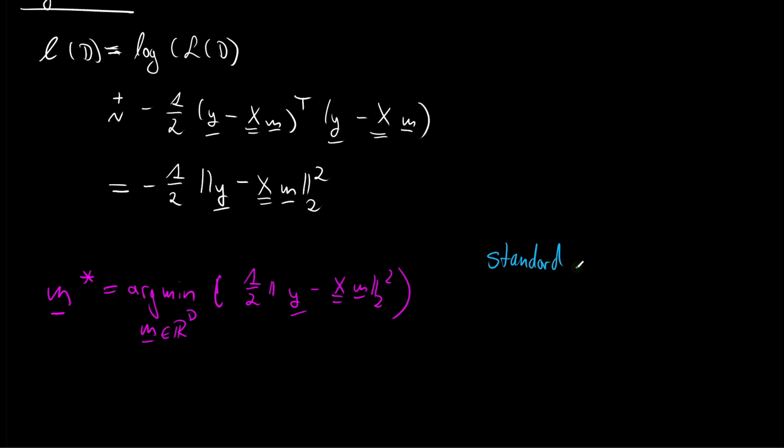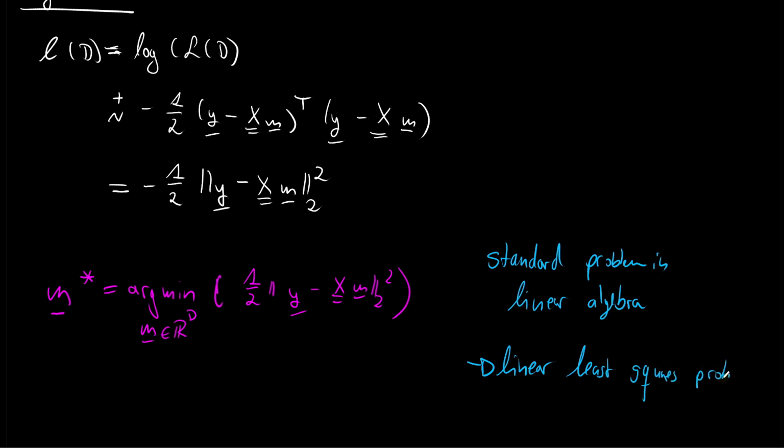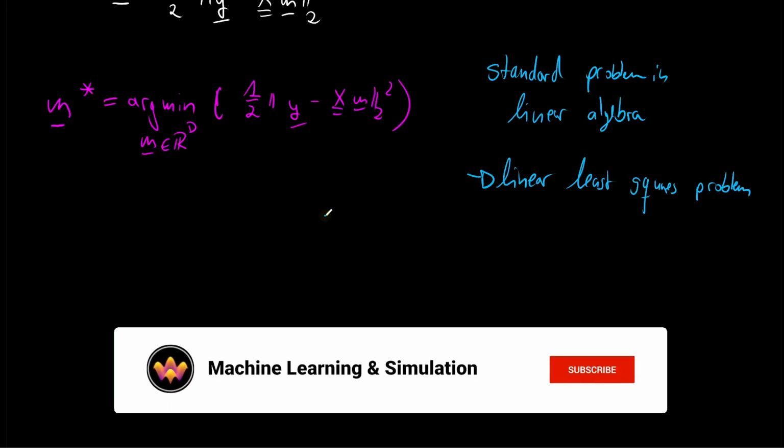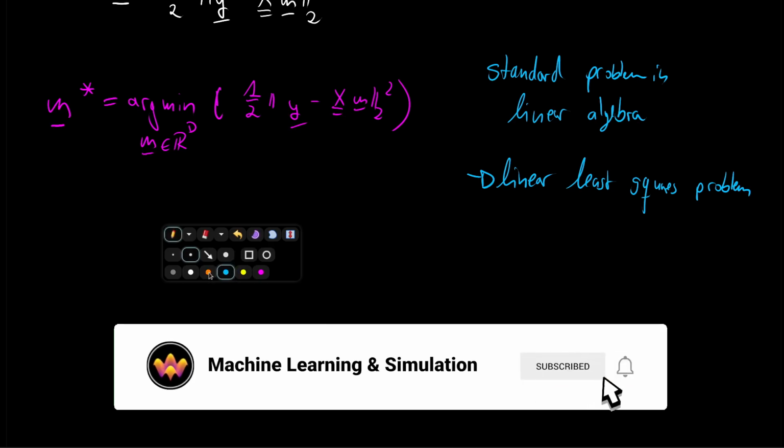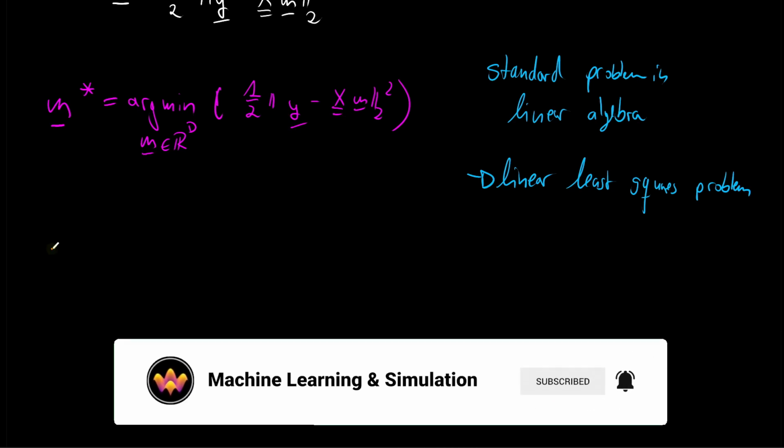And this is also, I already coined it prior, the linear least squares problem. And it is such a standard problem that you will even find separate algorithms to just solve this problem. And in the example that we're looking at shortly, we will use NumPy.